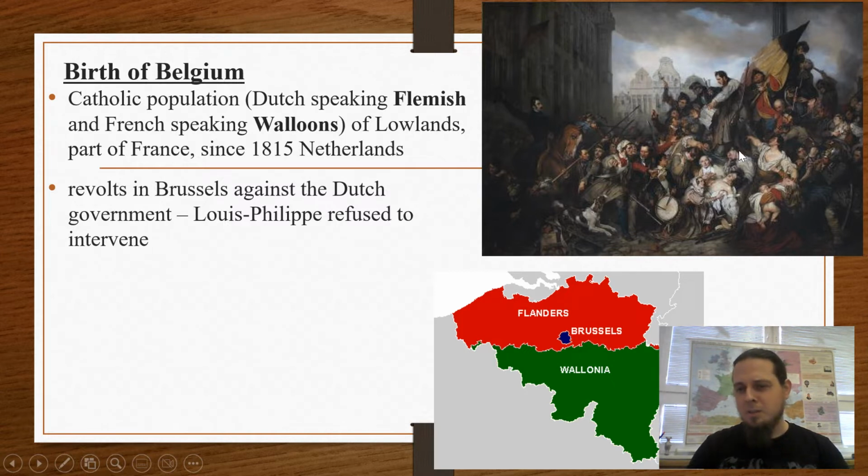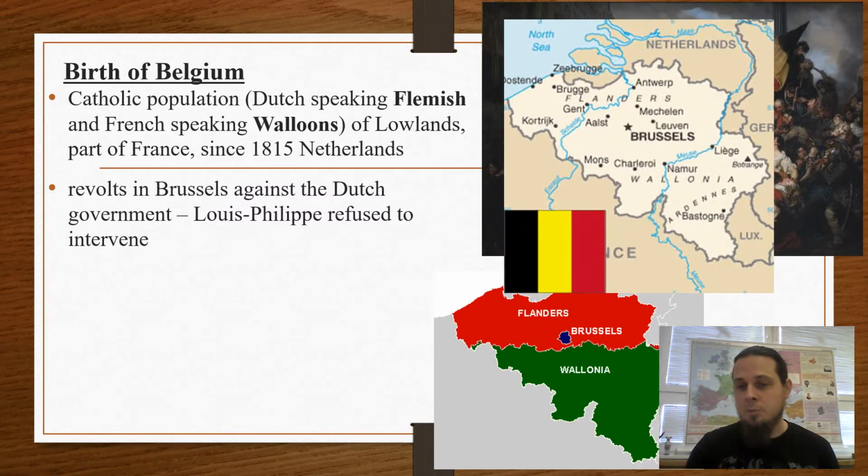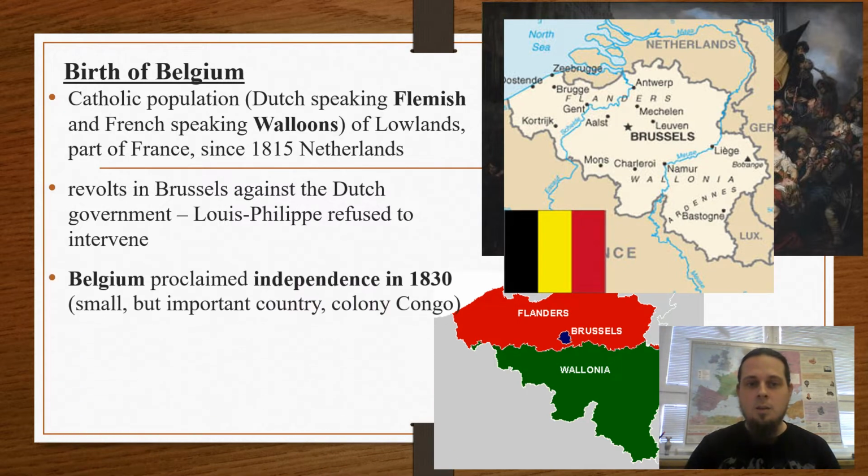But as a result of the French Revolution, the Brussels people started to claim independence for this region that was a bit different from the northern Netherlands. Louis Philippe refused to intervene and help the Dutch in their attempt to keep this country together. So Belgium really proclaimed independence in 1830.